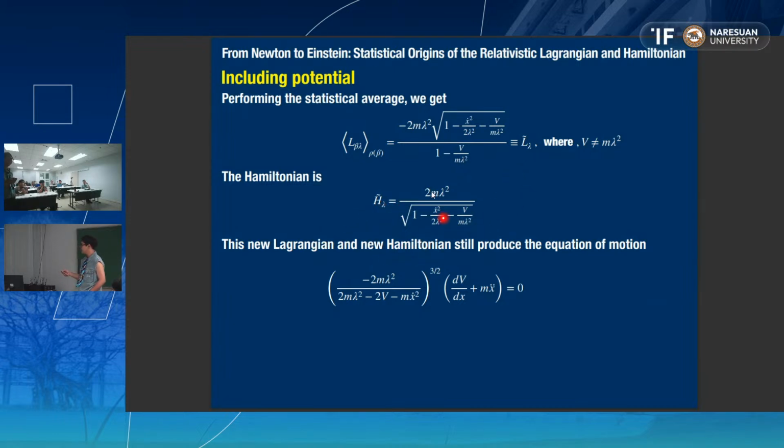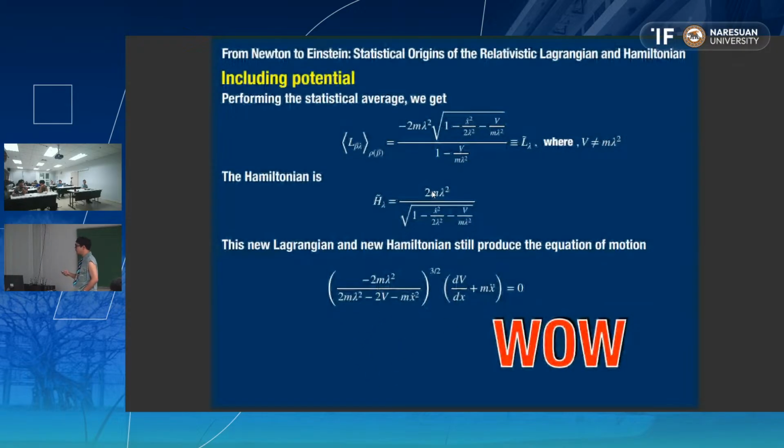These two, this new Lagrangian and this new Hamiltonian, are going to give you, again, the same equation of motion with a different factor here. I put the word bow here because we find out that there is another way to write the Lagrangian and still give you the equation of motion from the Newtonian one.